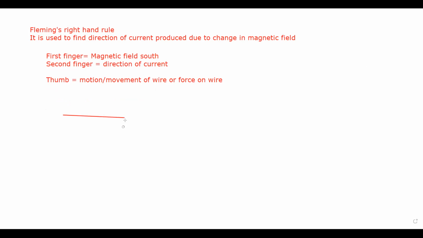So for example, you have a magnet, north and south, and you place a wire. So a wire is placed and you're moving this wire up.